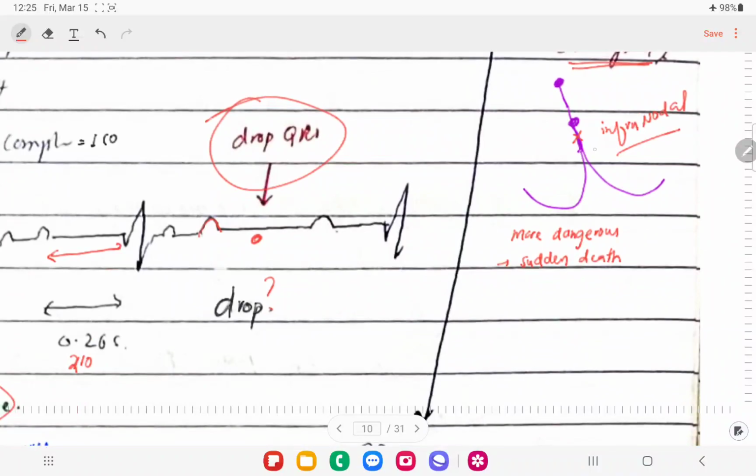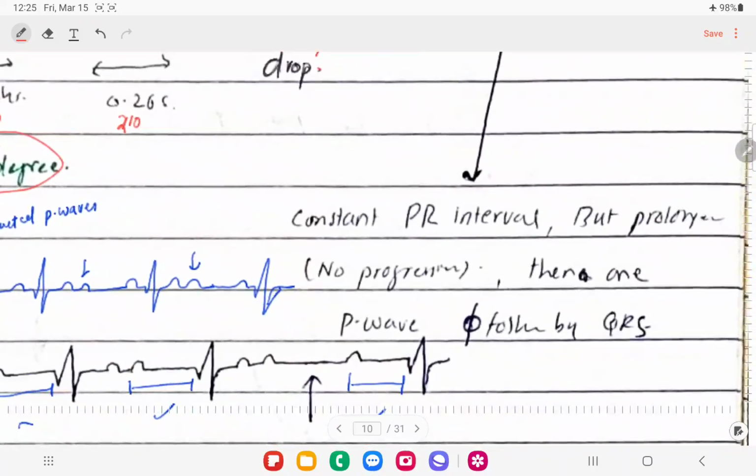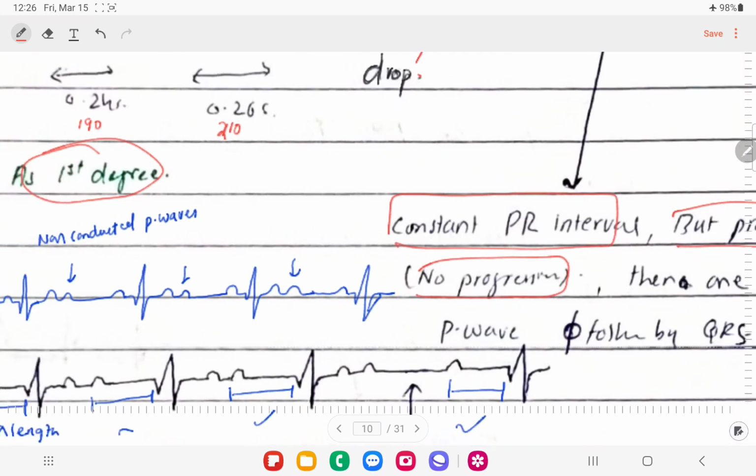The problem is basically in the bundle of His, which won't conduct one or two impulses. Let's check the ECG. There will be a constant PR interval, which can be normal or prolonged, with no progressive prolongation.